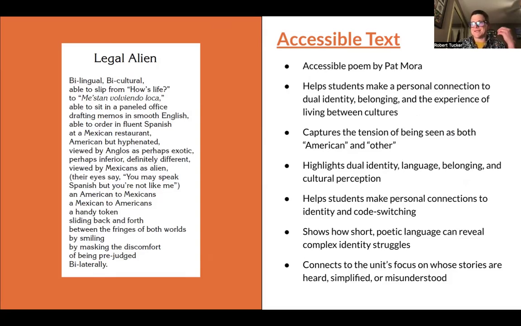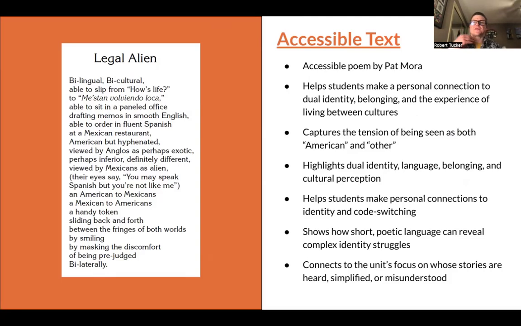And I see this struggle that my students face, the cognitive dissonance of how you define yourself, and then the way the world pushes back on that, right? The way society and culture push back on that. I'd also really like this to be an opportunity for students to make specific personal connections to identity and code switching, right? How we navigate multiple worlds and change who we are to succeed in those different worlds.